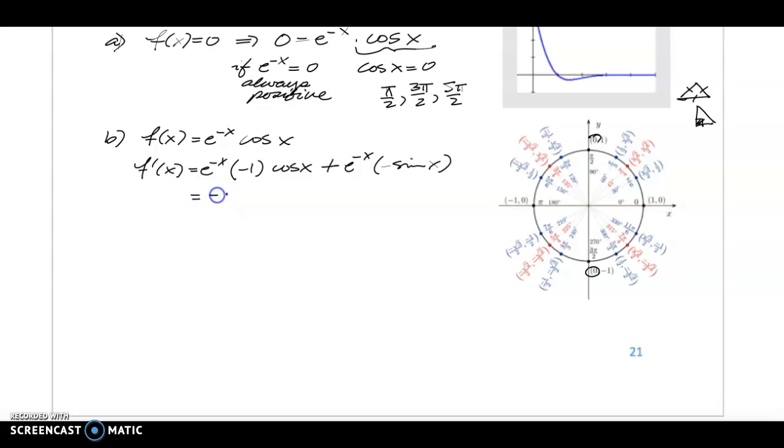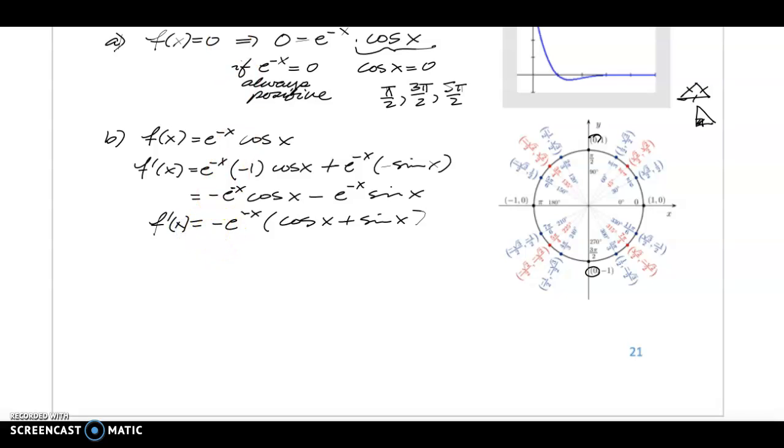This then is minus e to the minus x cos x minus e to the minus x sine x. Pull out the minus e to the minus x: minus e to the minus x times cos x plus sine x. Okay.